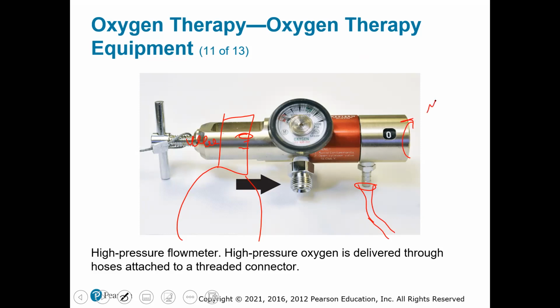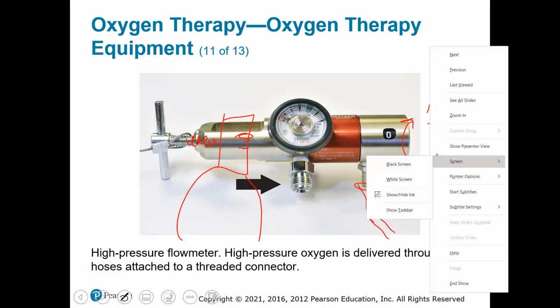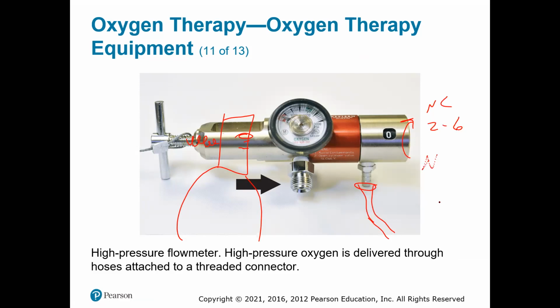A nasal cannula will be 2 to 6 liters per minute. A non-rebreather mask will be 10 to 15, and a BVM will be 10 to 15 liters per minute.